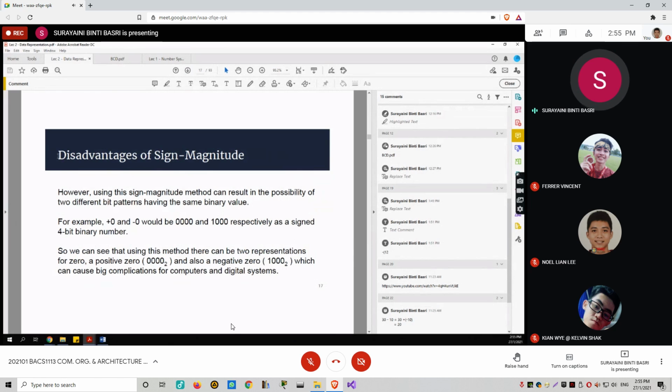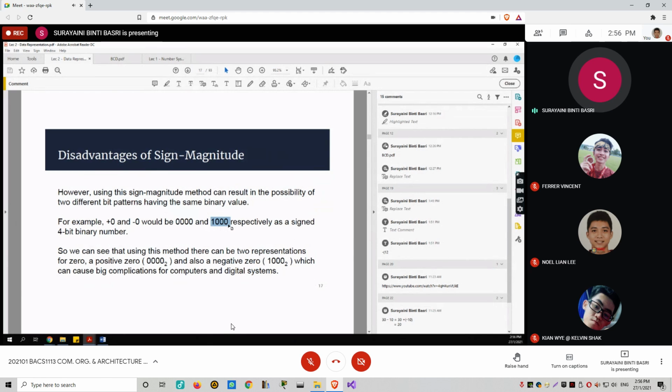Okay, so these are the disadvantages of the first method for signed integer numbers, which is that it can result in the possibility of two different bit patterns having the same binary value. For example, positive 0 and negative 0 would be this one, because this is the positive and this is the negative.